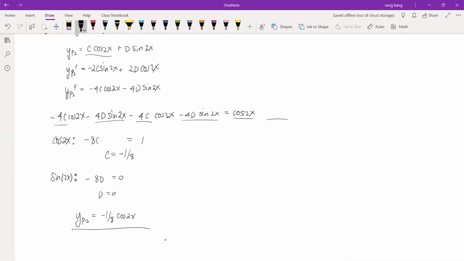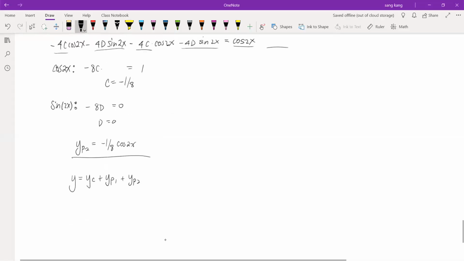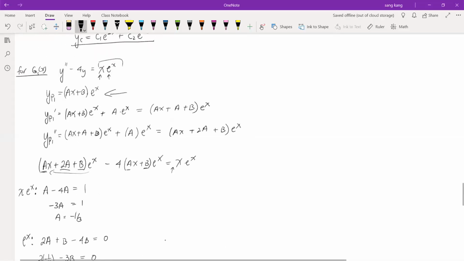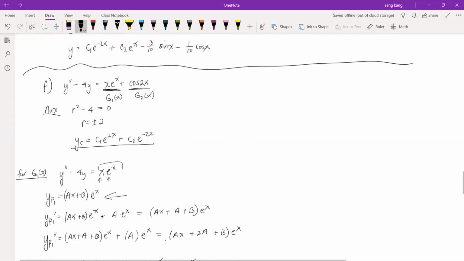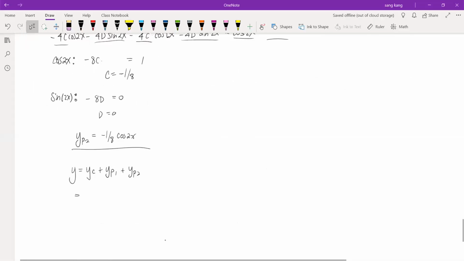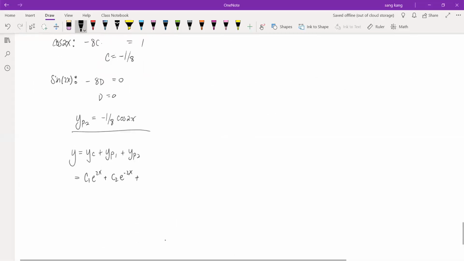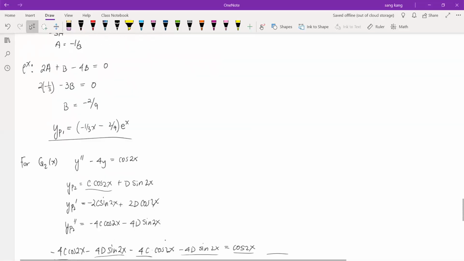Okay, so my general solution y is going to be yc plus yp1 plus yp2, right? Yc is way back here: c1 e to the 2x plus c2 e to the minus 2x. Yp1, can't remember what that was.